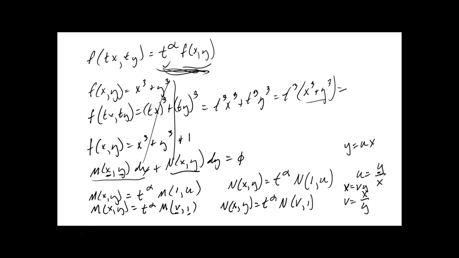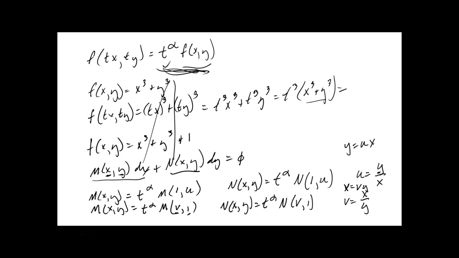Then you can change this m of xy to be, it's set up here, the same as t to the alpha m of xy. Okay, m of tx, ty would be this.